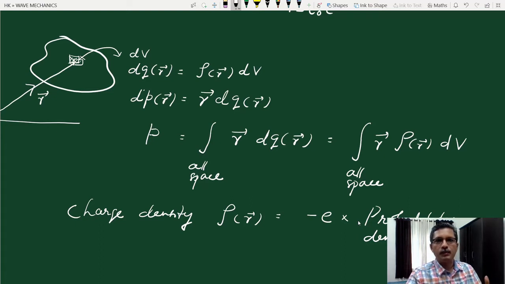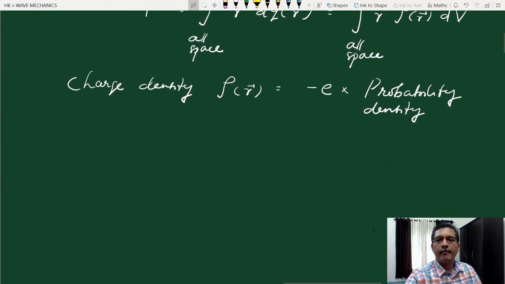Here the origin is the position of the nucleus. So the electric charge density is equal to the electric charge of the electron cloud times the probability density. So we can write this as minus e times, what is the probability density?